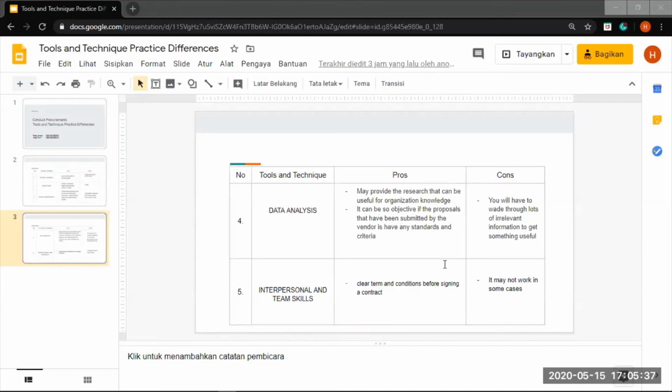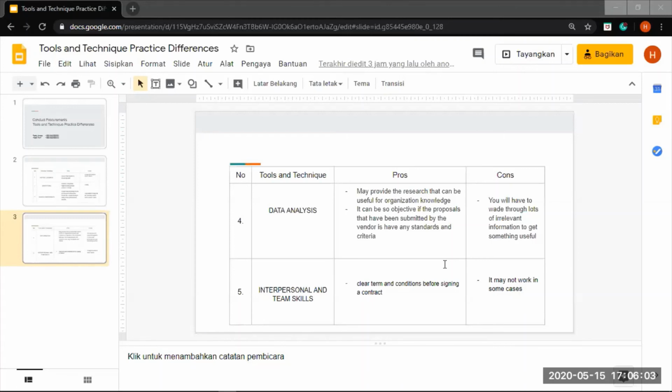The first pro of this tool is that it may provide research that can be usable for organizational knowledge. Second, it can be objective if the proposals submitted by vendors have standards and criteria. The con is that you will have to wade through lots of irrelevant information to get something usable.